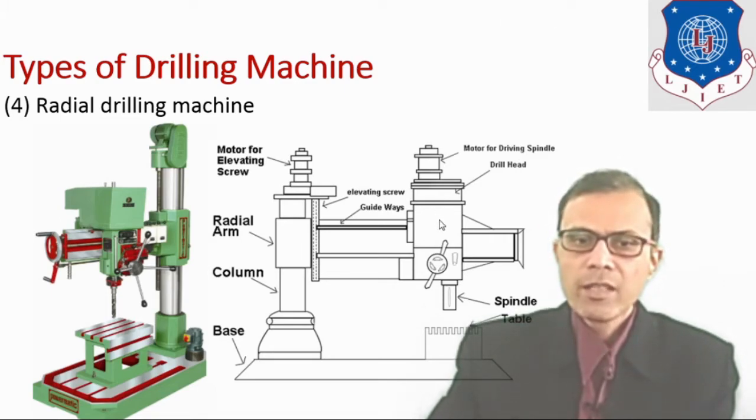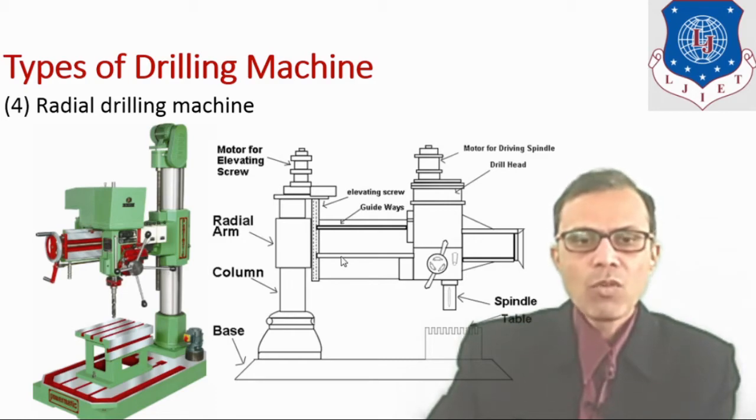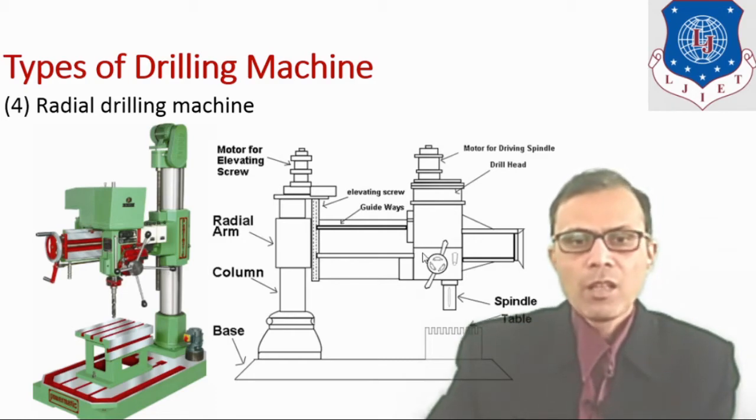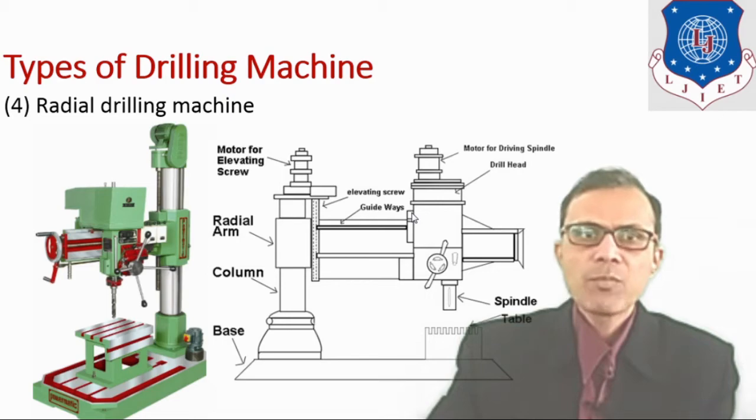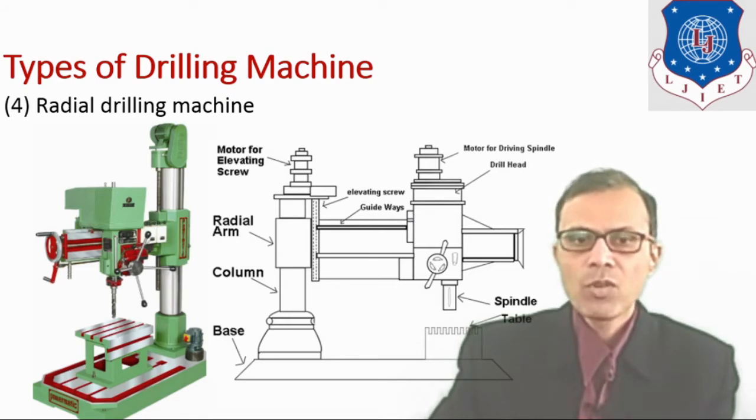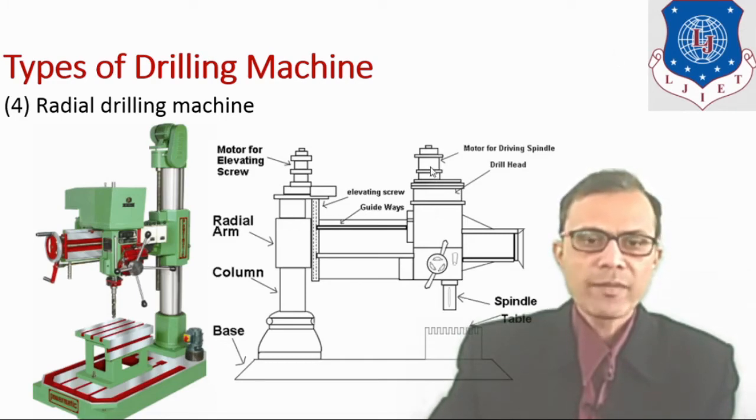This drill head can also be moved on this radial arm. Now, the feed which is provided is hand feed or it may be automatic feed also, and the spindle is run by this electrical motor. So it is a radial drilling machine.